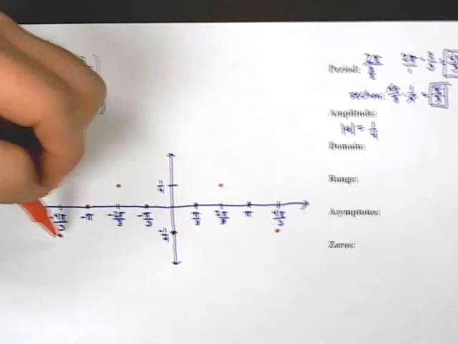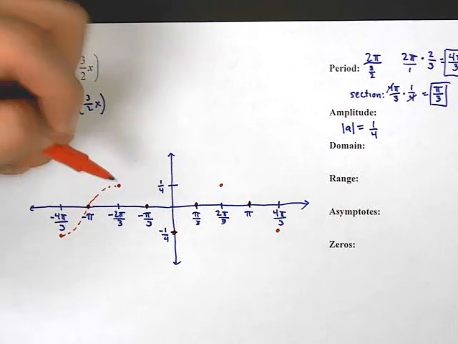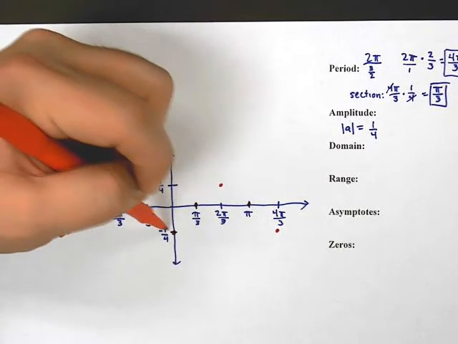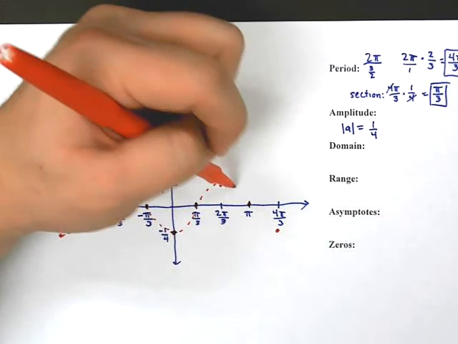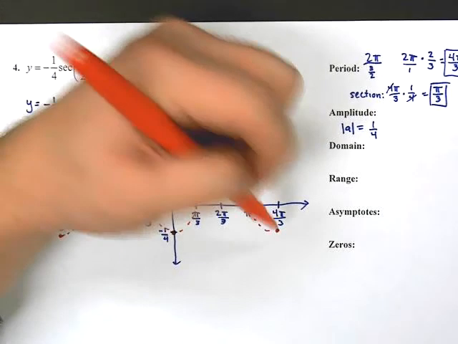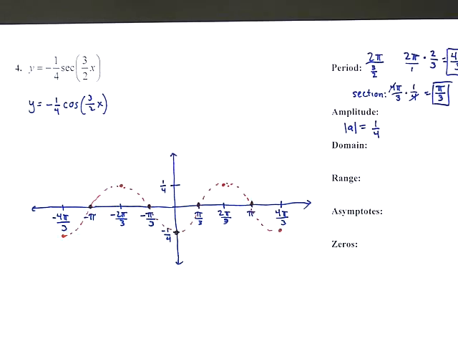Okay, so we dot our cosine graph. Again, we dot it because that's not really what we're looking for. We're looking for secant.